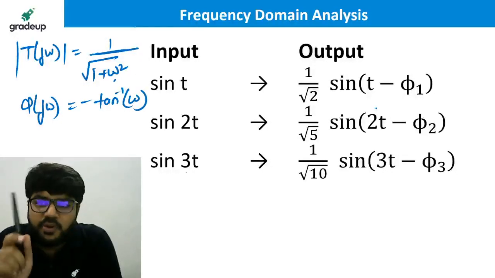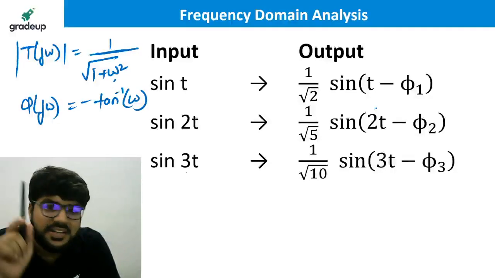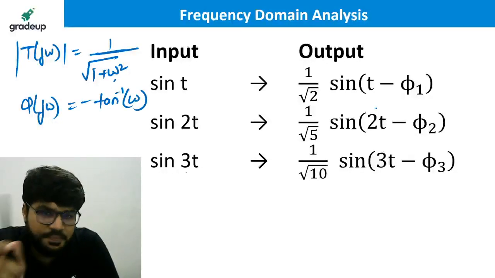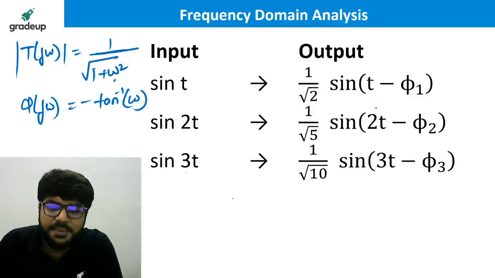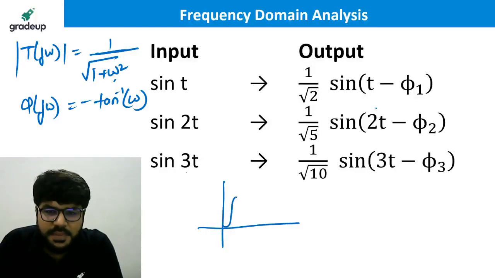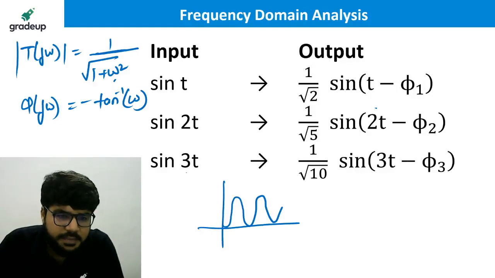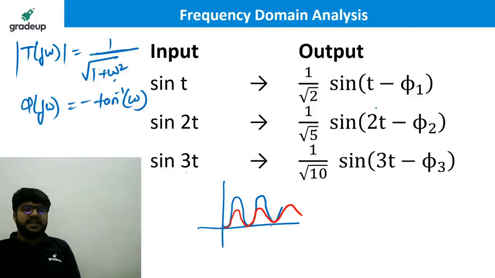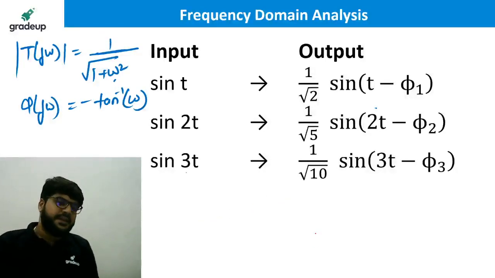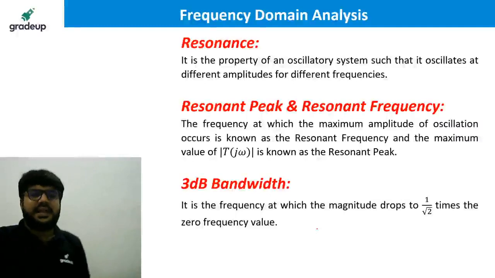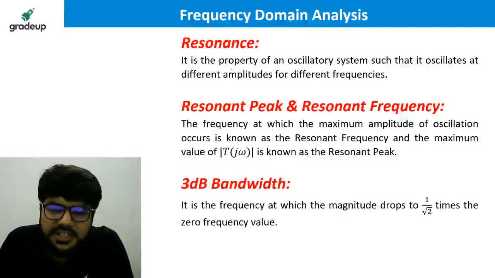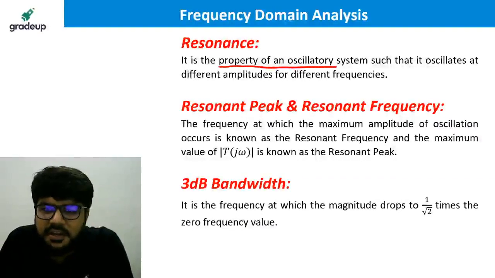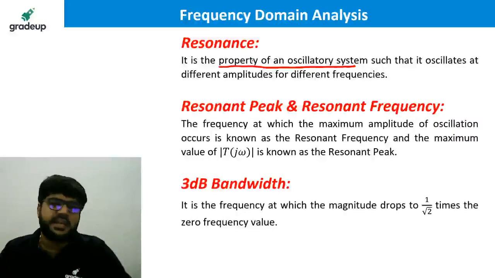Okay, so the output of a system is always oscillatory, but it is oscillating at different amplitudes for different frequencies. Sometimes the peaks may be large; for some other signal, it may be small. And guys, such a property of an oscillatory system is defined as resonance.